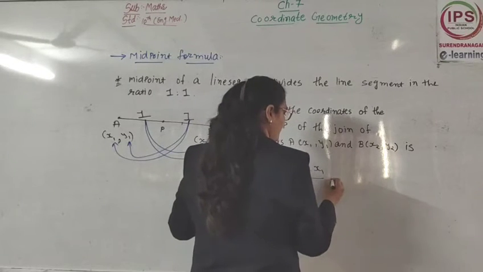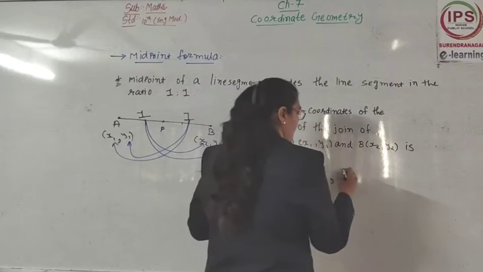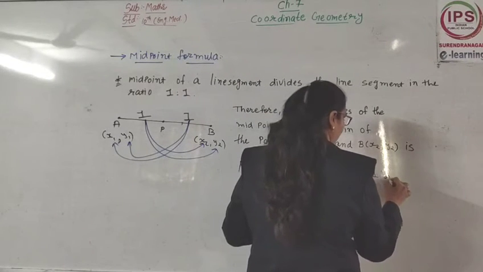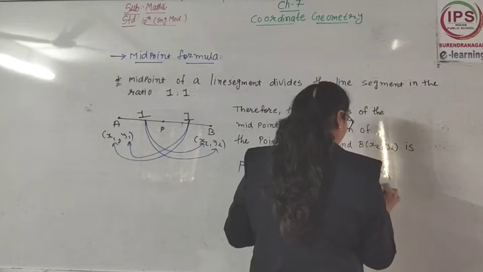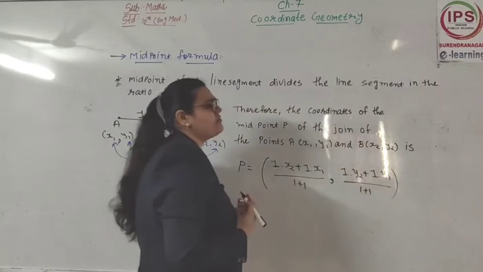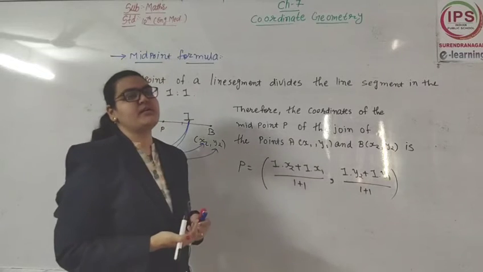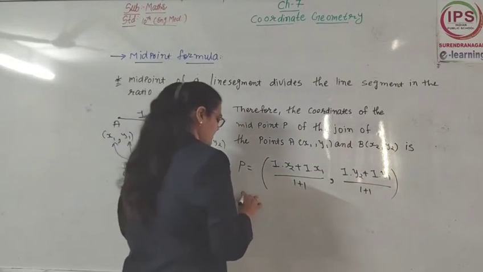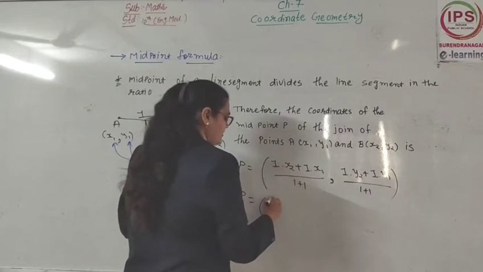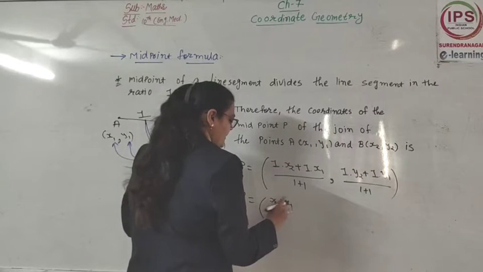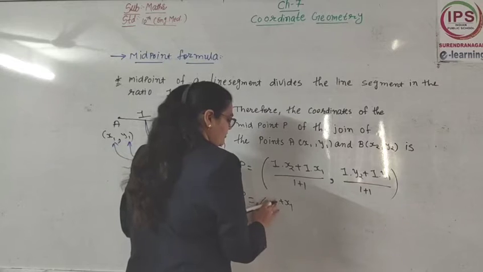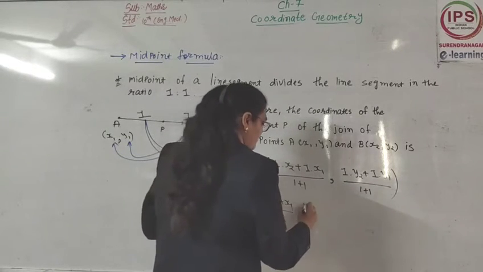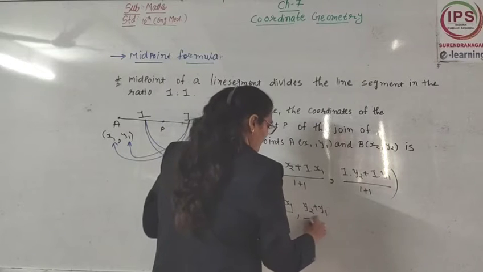In the same way for the y coordinates, 1 into y2 plus 1 into y1 upon 1 plus 1. As I told you, whenever we multiply any number with 1, the answer remains the same. So here x2 plus x1 upon 2, comma y2 plus y1 upon 2.